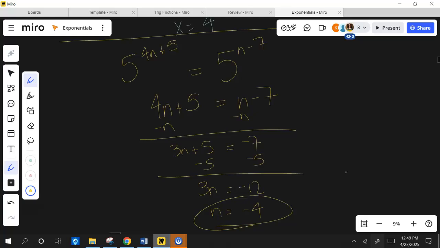Hold on, there is a way to. 7 minus 5 is -12.